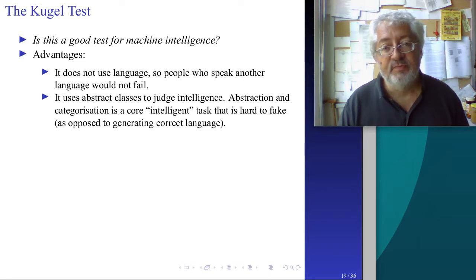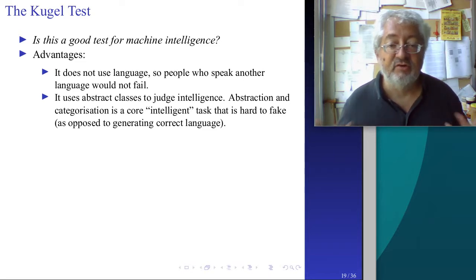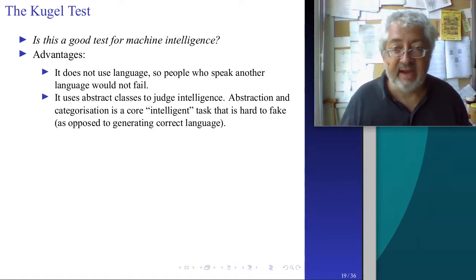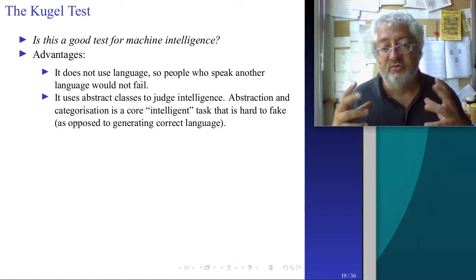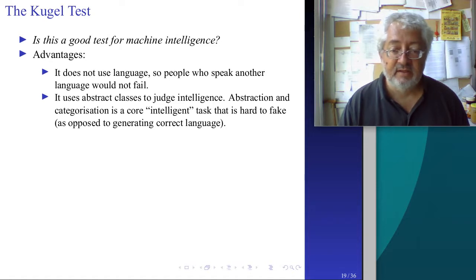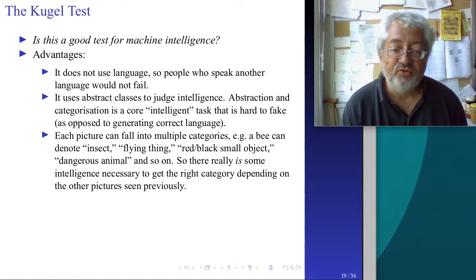But it is difficult to even fake categorization. You have images of bees and cats and mice, and to understand that all these are animals is a kind of intelligent behavior, and it is not clear that this is easy to do if you are not actually intelligent.